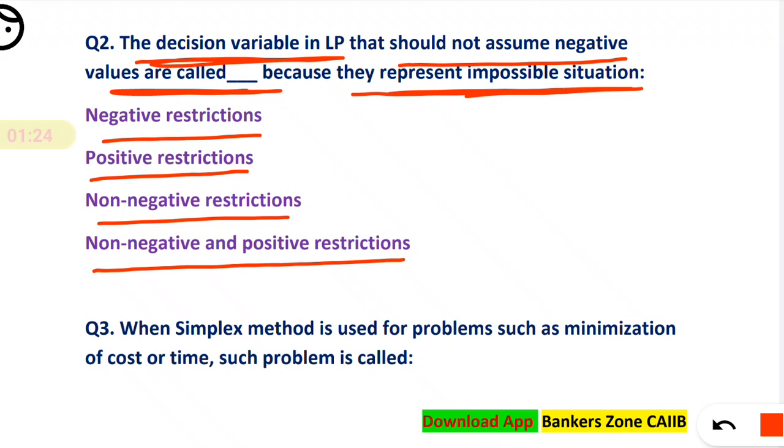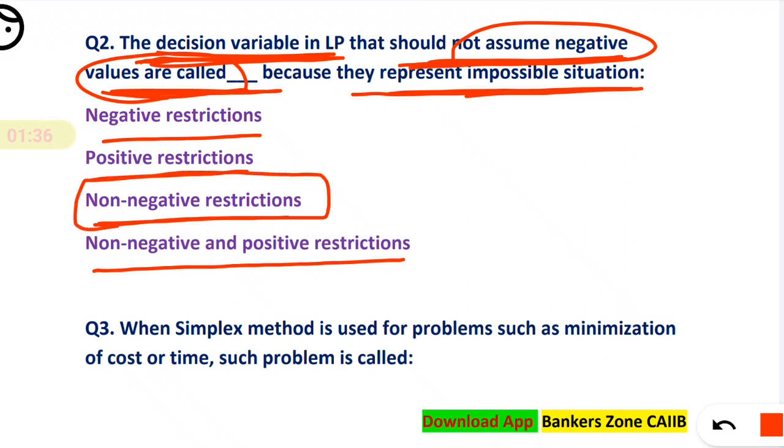So friends, the decision variables that should not assume a negative value are called non-negative restrictions, because they represent the impossible solution. So the answer here will be non-negative restrictions.